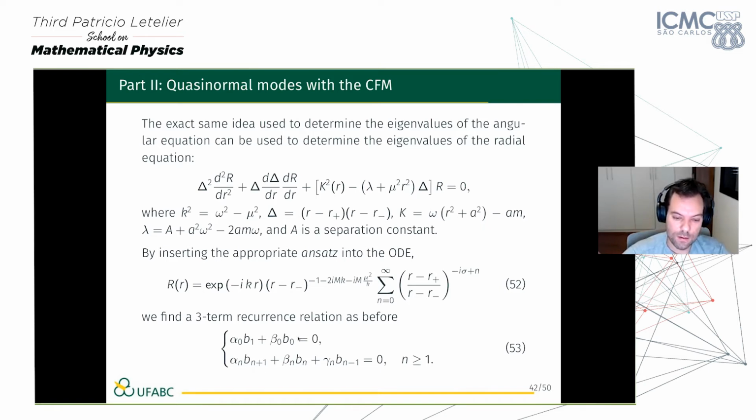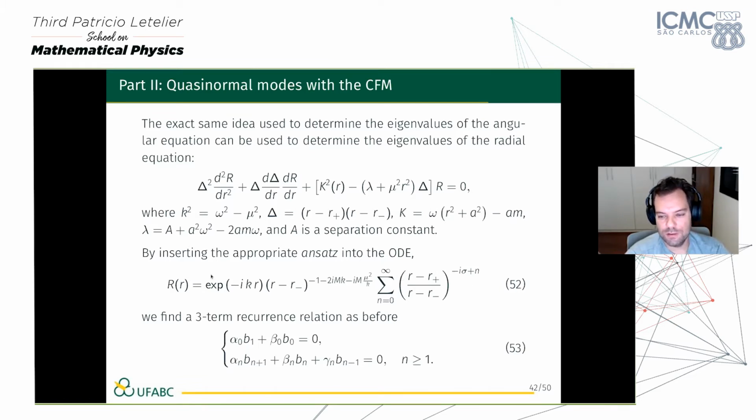And so if you plug this ansatz into the differential equation up here, sorry, there are also coefficients missing here. There should be the sum of Bn times these factors here. So there's a coefficient Bn missing. I'm also going to correct that.